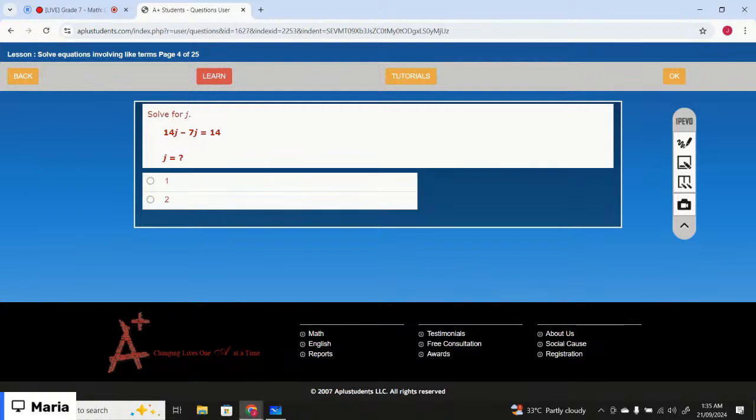That is J equals 2. Option number 2 is the correct option.